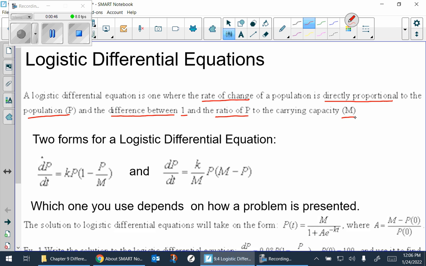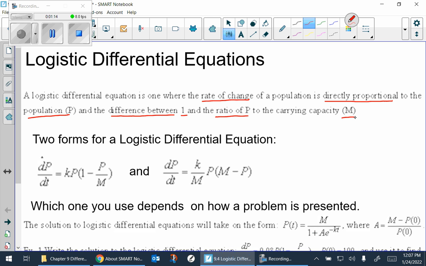What the heck? Carrying capacity is something that I think you talk about in biology. So, the logistic differential equation helps us figure out the rate at which populations change when a carrying capacity is involved.